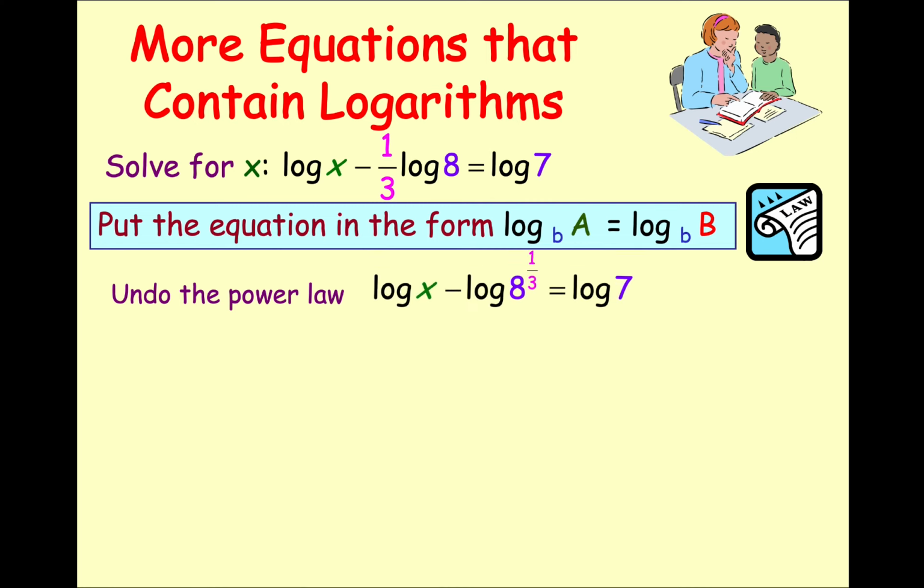So we get log x minus log of 8 to the power of 1/3 equals log 7. Evaluate what you can. Well, we know 8 to the power of 1/3 is 2, so we get log x minus log 2 equals log 7.